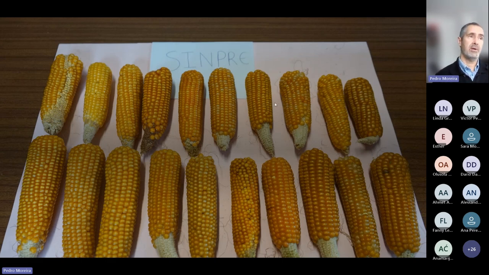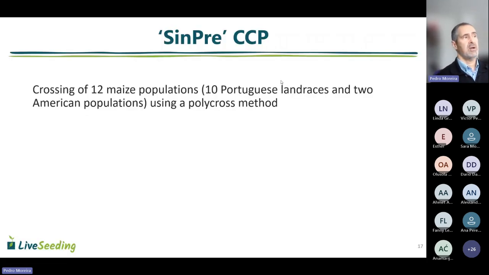One of the farmers is really happy with this composite, and indeed it has been quite adaptable, with a yield that is interesting for the farm. It started with the crossing of 12 maize populations, 10 Portuguese landraces and 2 American populations, using a polycross method.